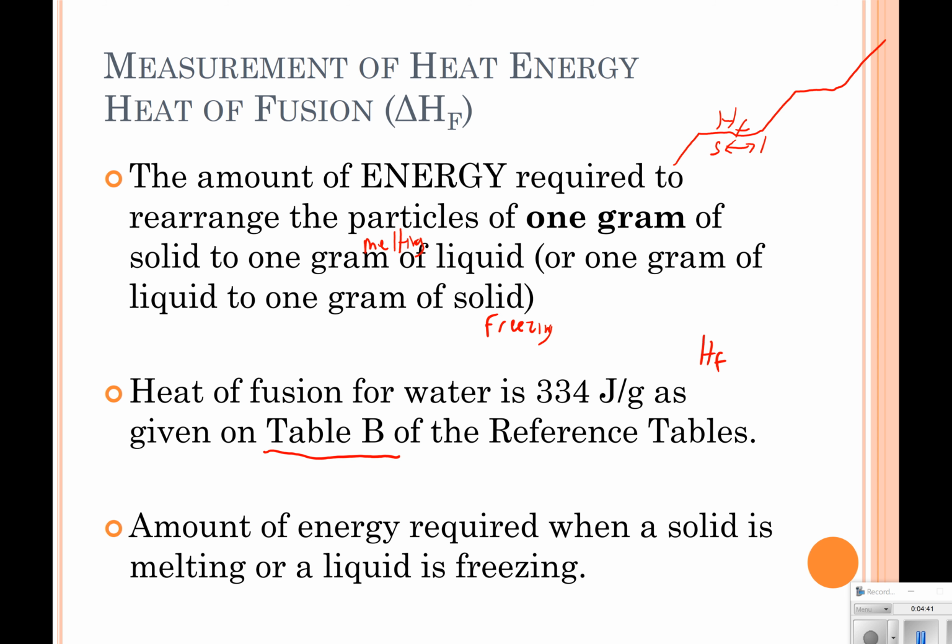So for water, for every gram of water, we're going to release 334 joules when we freeze, and we're going to absorb that amount when we melt. So the direction of the heat flow is going to determine which phase we're referring to.